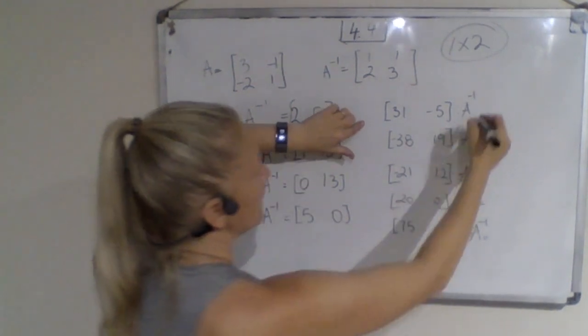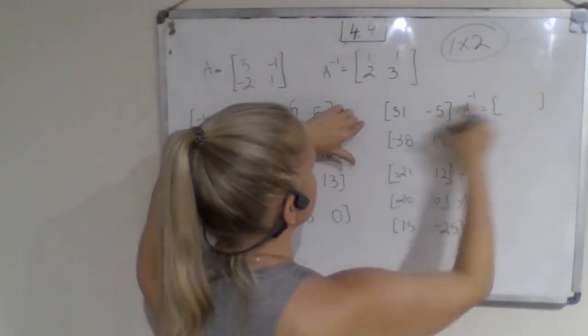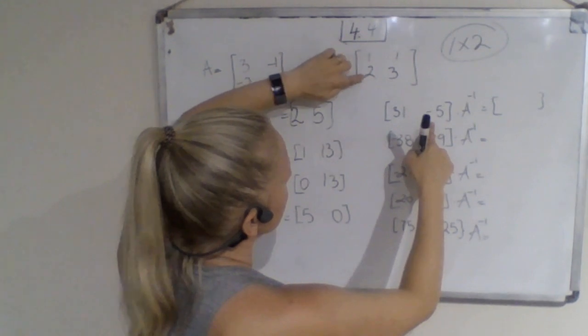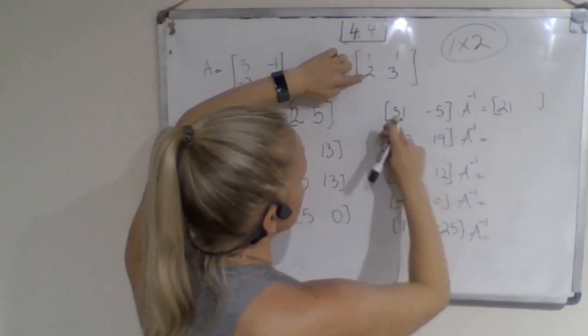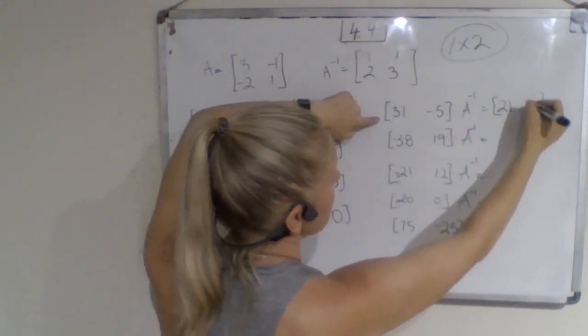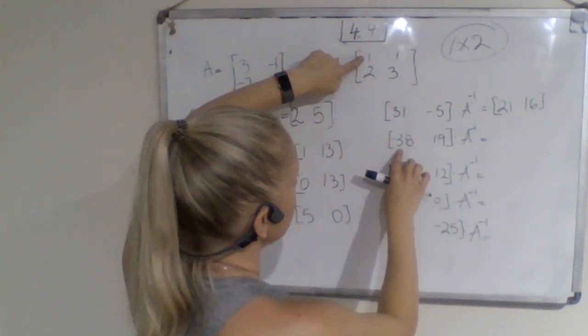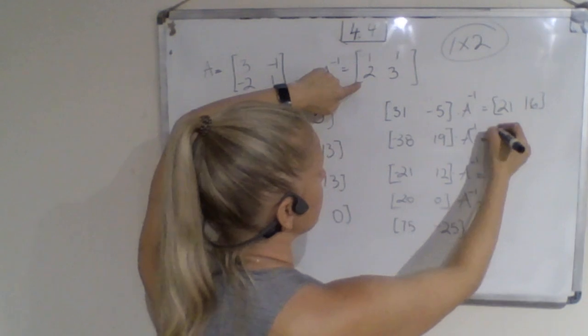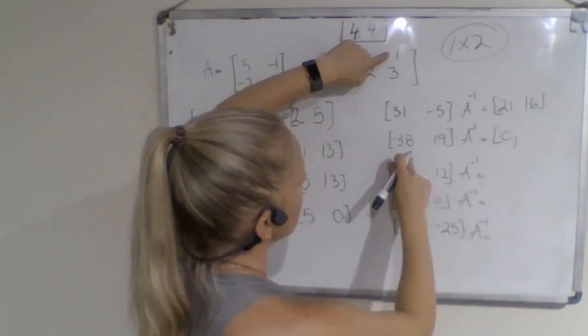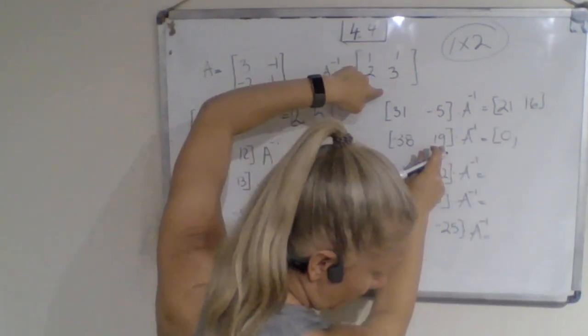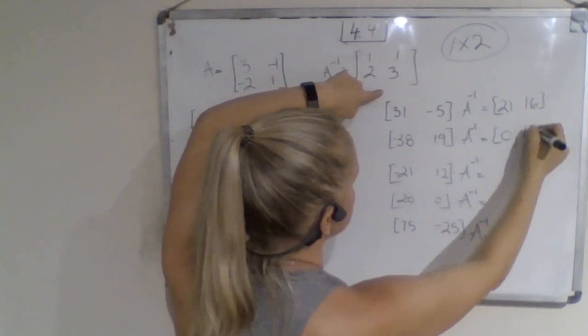Let's move to the next one. 31 minus 10, 21. 31 minus 15, 16. I don't trust myself. Negative 38 plus 38, 0. Negative 38 plus something that I know what that number is gives me 19.